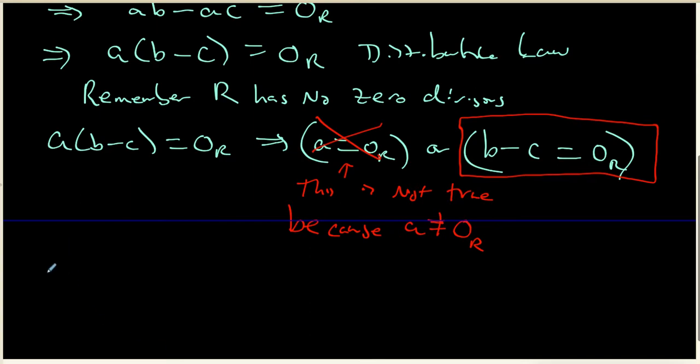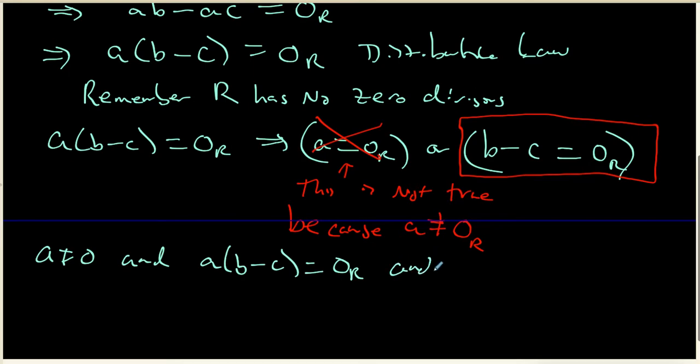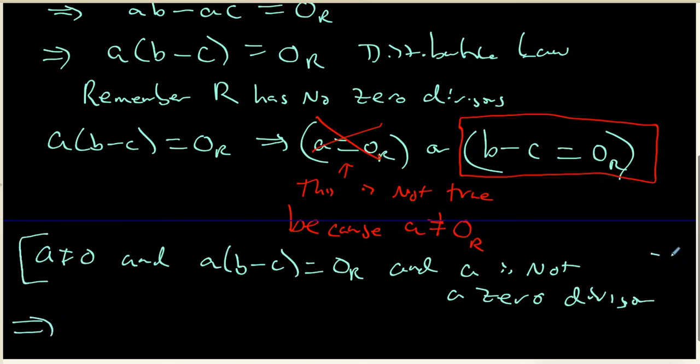So in other words, the fact that A is not 0 and A times (B minus C) is equal to the 0 inside the ring, and the fact that A is not a 0 divisor, all come together and imply that B minus C is equal to the 0 in the ring.